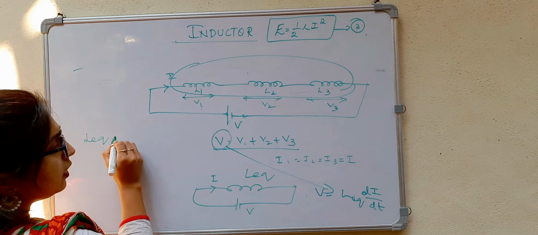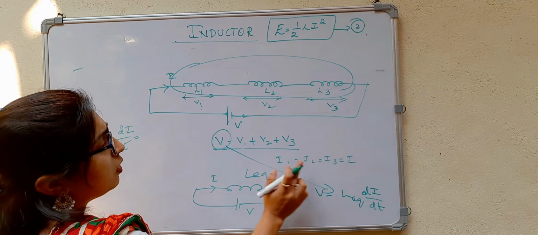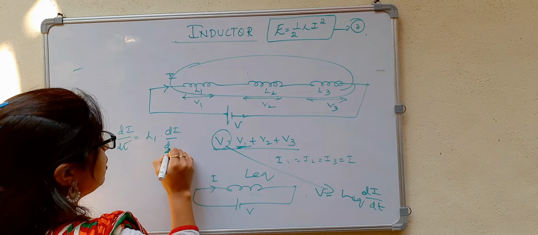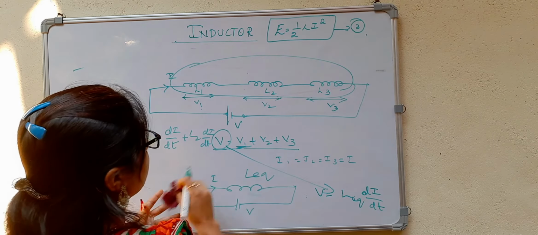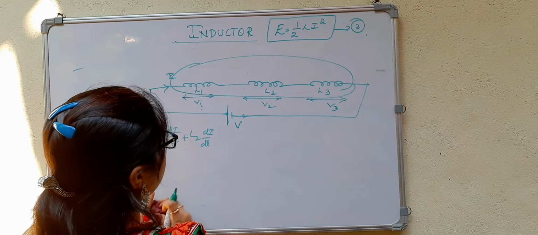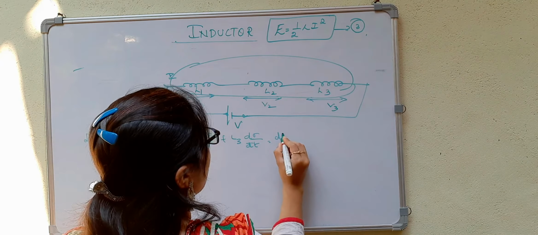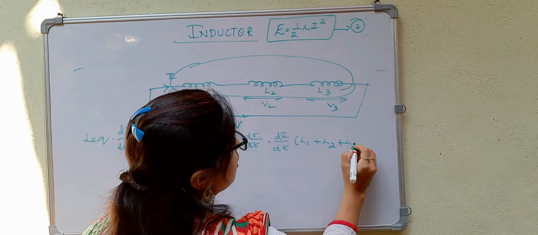L equivalent di by dt is equal to V1, which is nothing but L1 di by dt, plus L2 di by dt, plus L3 di by dt. Taking di by dt common, it will be L1 plus L2 plus L3.